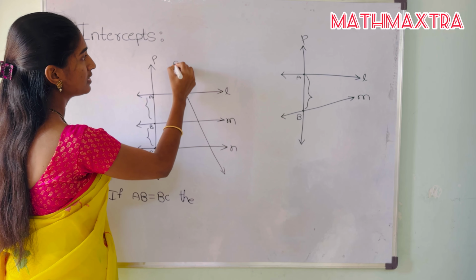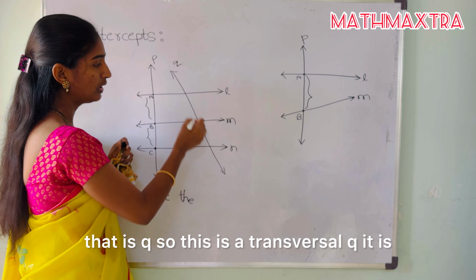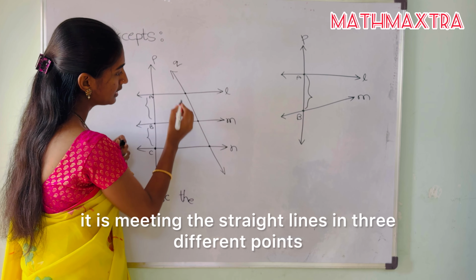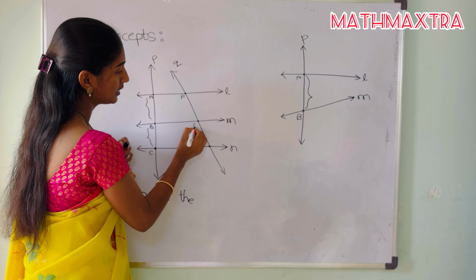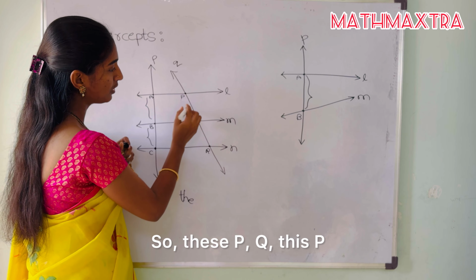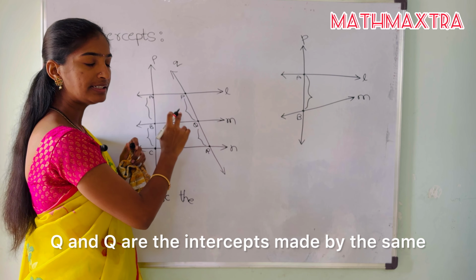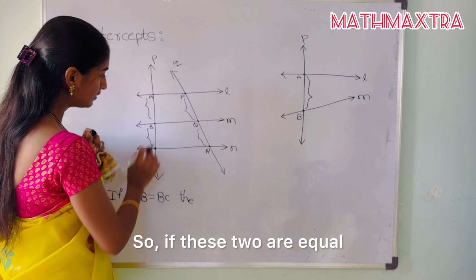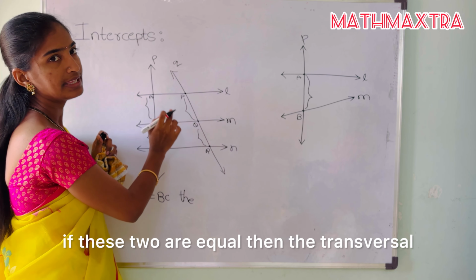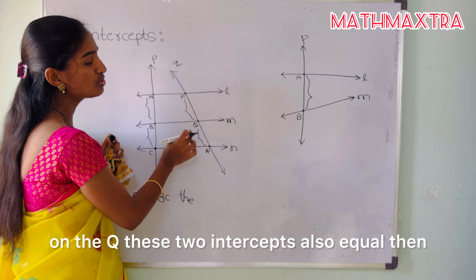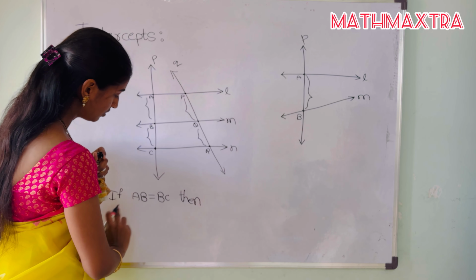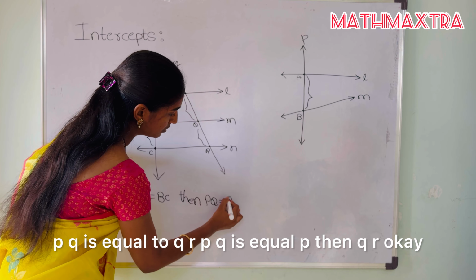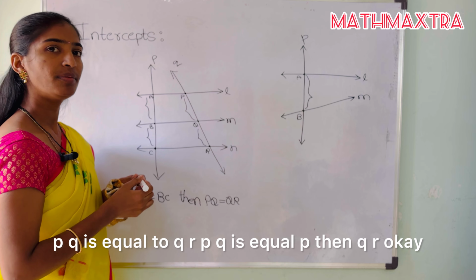It meets the straight lines at three different points, P, Q, R. So PQ and QR are the intercepts made by the same lines on a different transversal Q. If AB is equal to BC, then PQ is equal to QR.